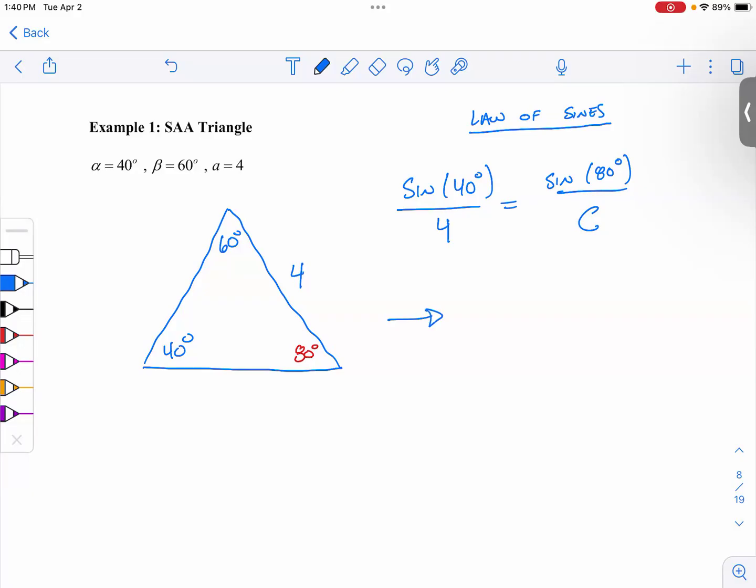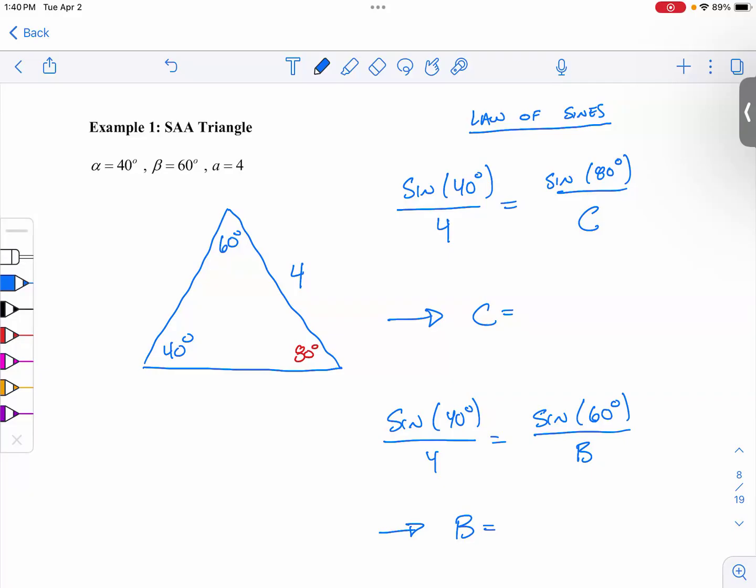And then I can solve that one down for C. And similarly, sine of 40 degrees all over 4 equals sine of 60 degrees all over B. And I can solve that one down.